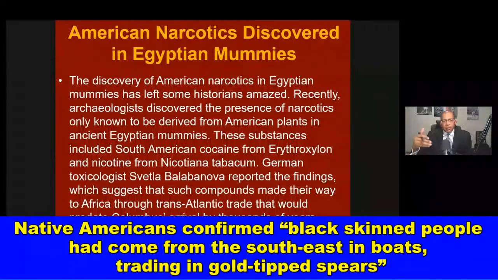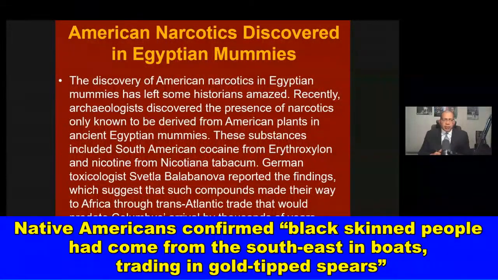Now, the discovery of American narcotics in Egyptian mummies has also left some historians amazed. Recently, archaeologists discovered the presence of narcotics only known to be derived from American plants in ancient Egyptian mummies.